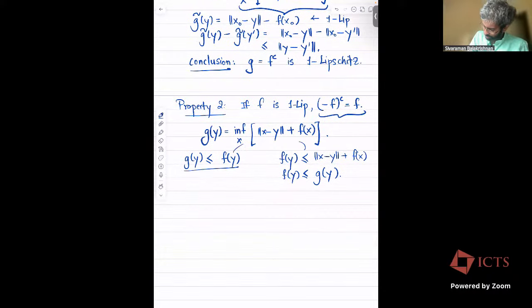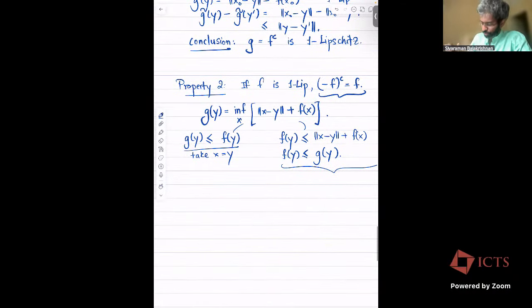Here, I'm just taking x equals y. And here, I'm checking that f is a valid thing to have put on the right-hand side, and therefore you get the reverse inequality. So putting these together, you will just conclude that f must be g. That is, the C transform of minus f is in fact f.